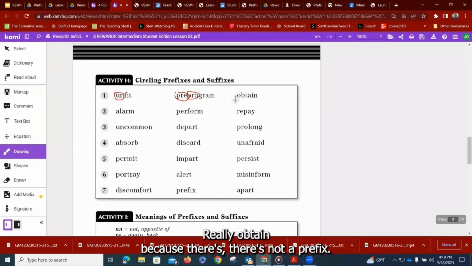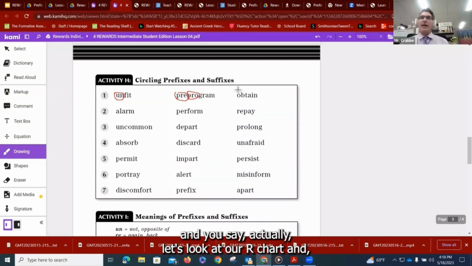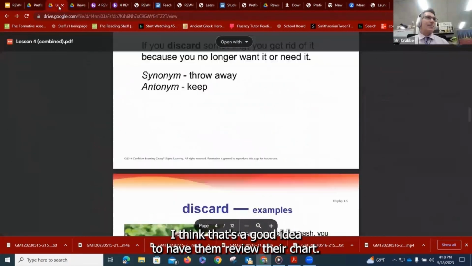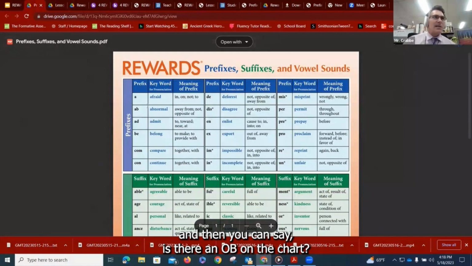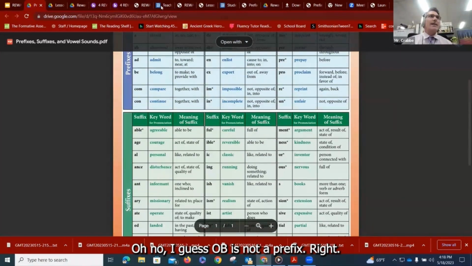Obtain, because there is not a prefix. It was ab, remember, and that's the mistake I made, and it's okay. And you say, actually, let's look at our chart, and you can actually do that. I think that's a good idea to have them review their chart, and then you can say, is there an OB on the chart? Oh, nope, I guess OB is not a prefix, right?